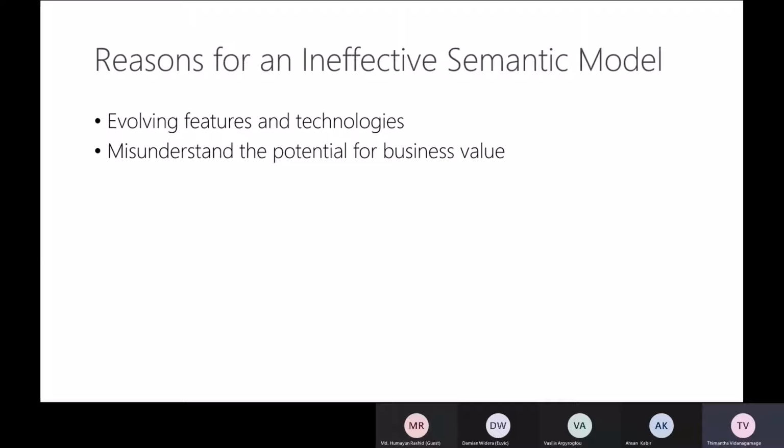And another reason for an ineffective semantic model is that the stakeholders who are involved in this data model or this data analytics solution might misunderstand the potential for business value that generates from an effective semantic model. So they might not realize how an effective semantic model might cater to their business value.